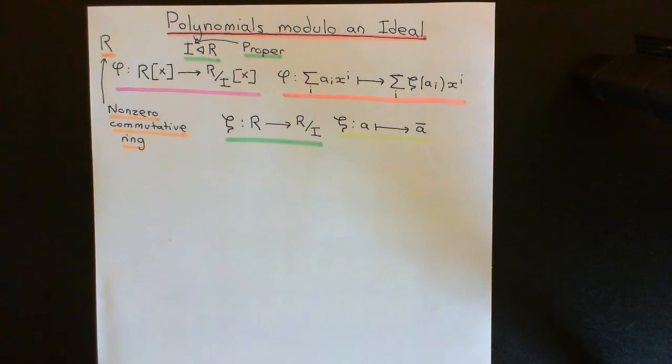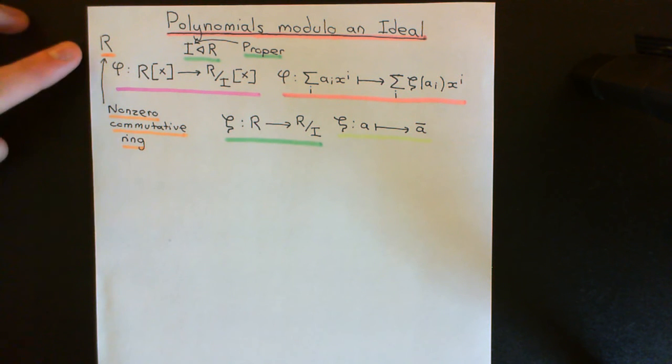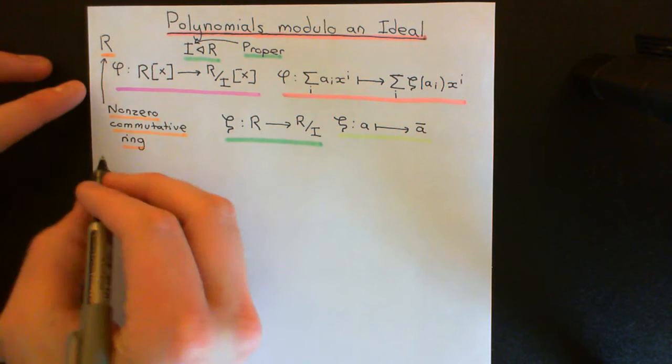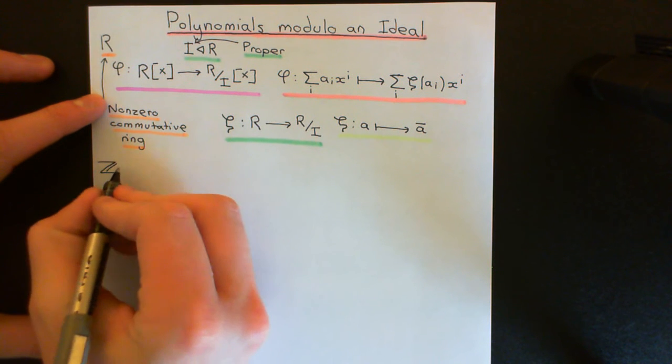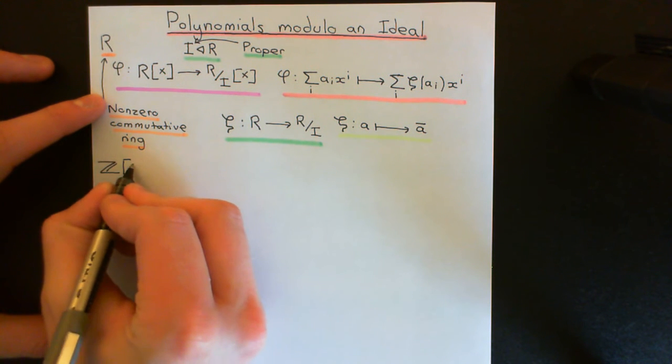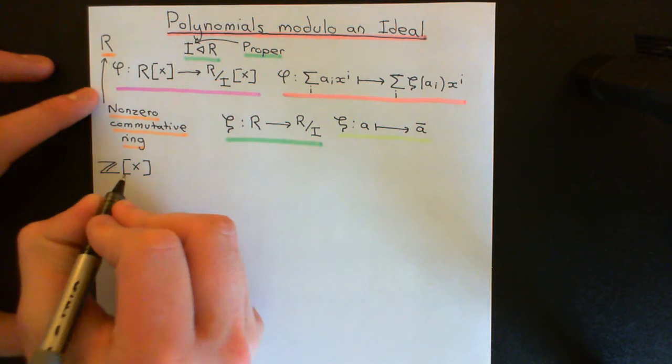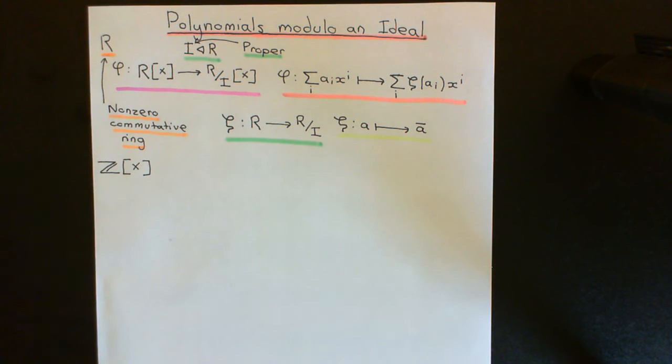Okay, so to make this concrete, let's actually look at an example, and everyone's favourite example would be to use the non-zero commutative ring which is the ring of integers. So let's use the ring of integers. Let's take some polynomial in the ring of integers and reduce it modulo an ideal. So where shall I actually do this?